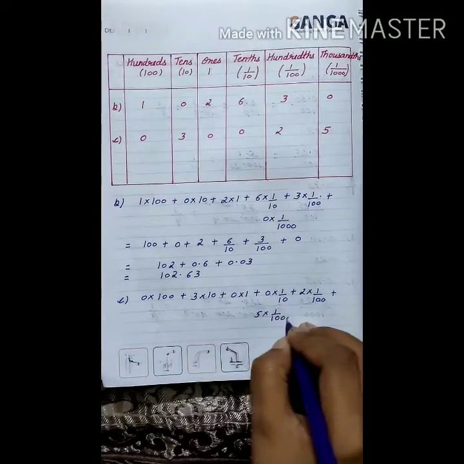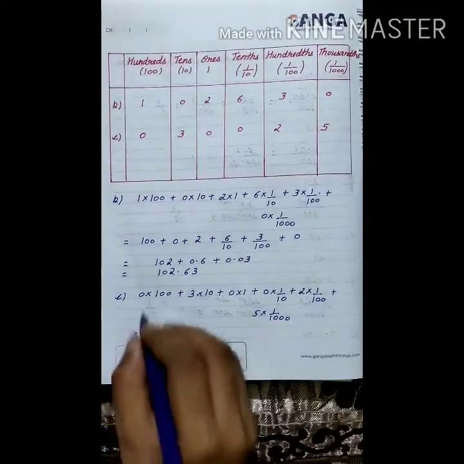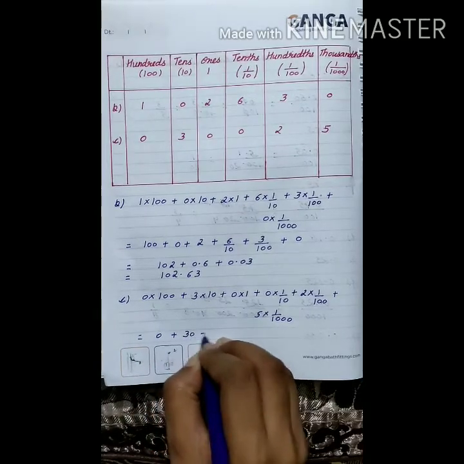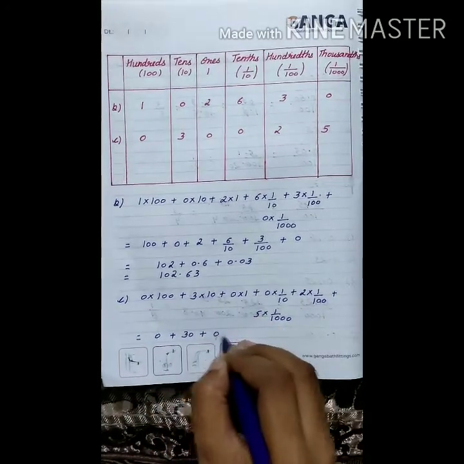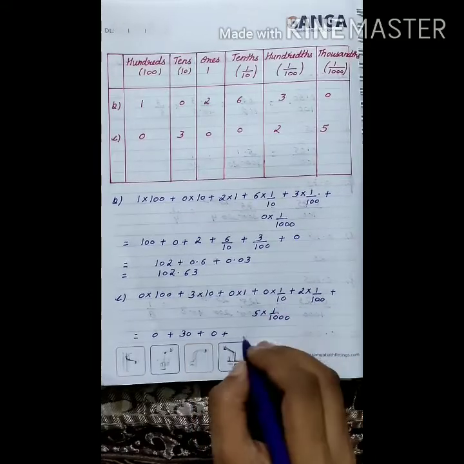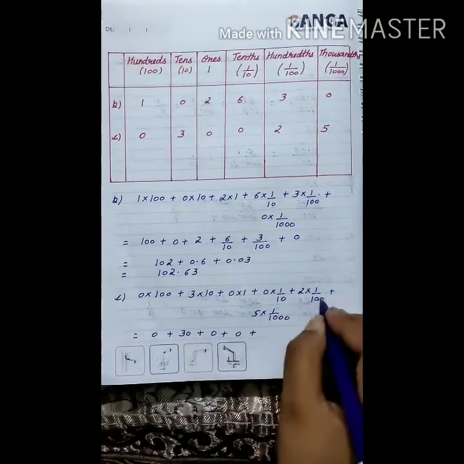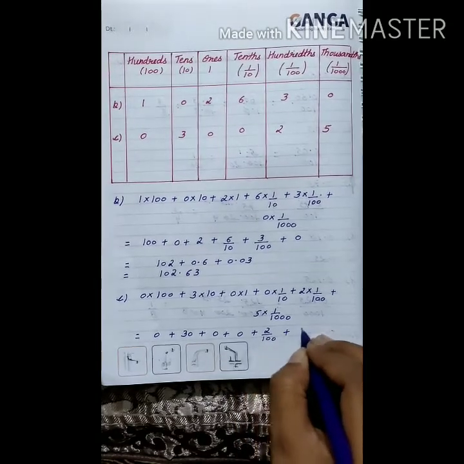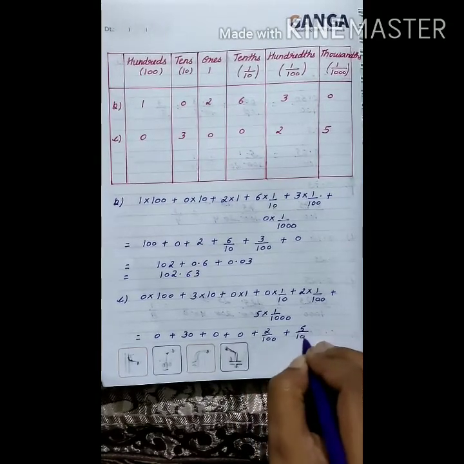Now we will write 0 multiply 100 is 0, plus 3 multiply 10 is 30, plus 0 multiply 1 is 0, plus 0 multiply 1 upon 10 is 0, plus 2 upon 100, plus 5 multiply 1 upon 1000 is 5 upon 1000.